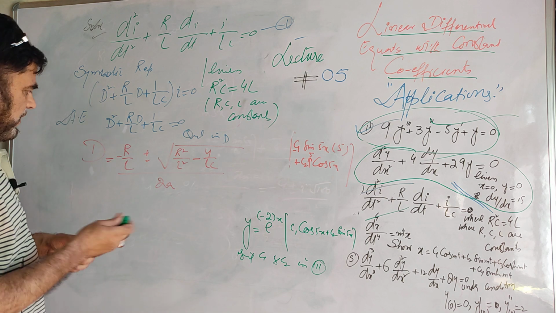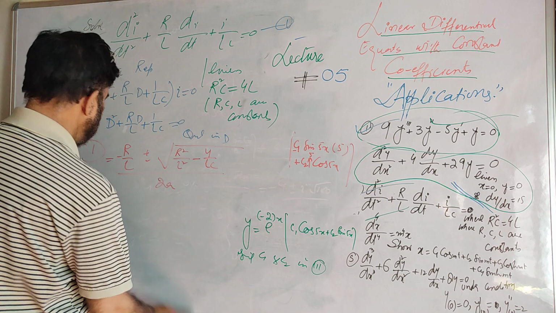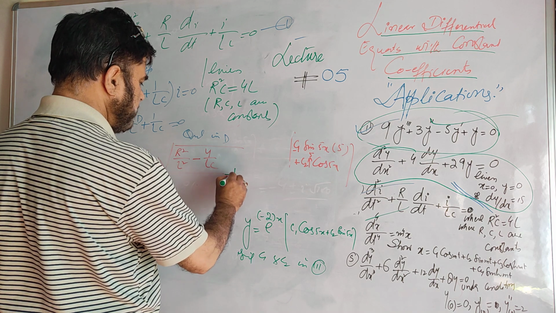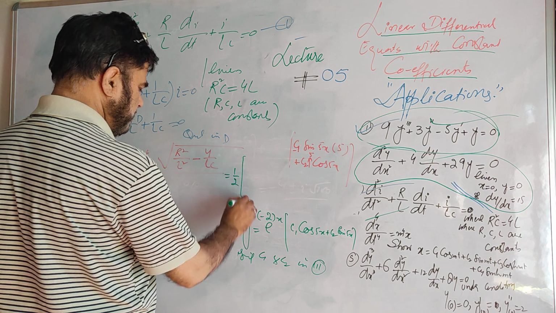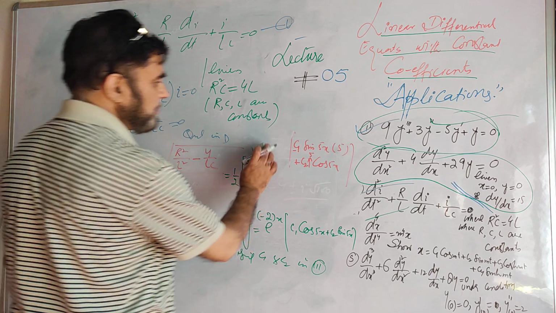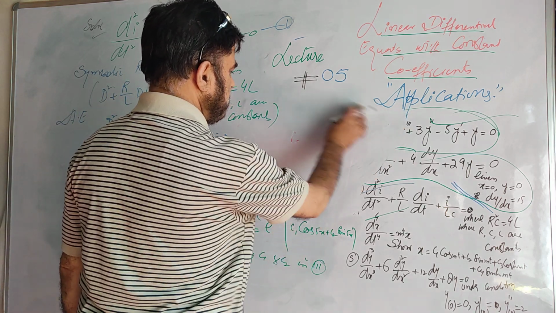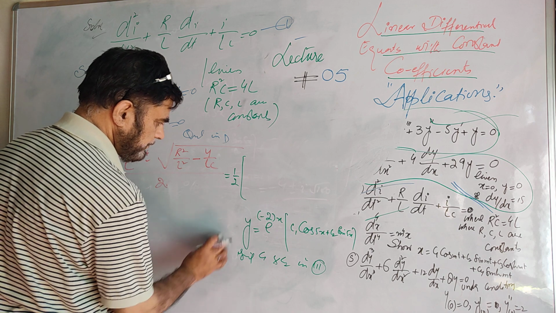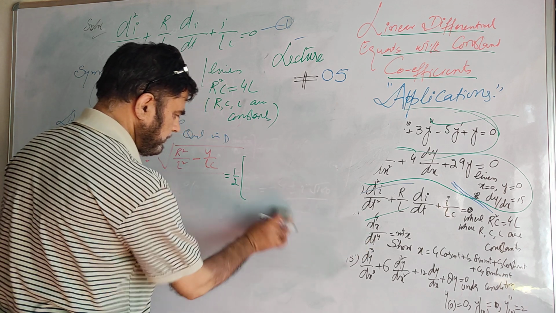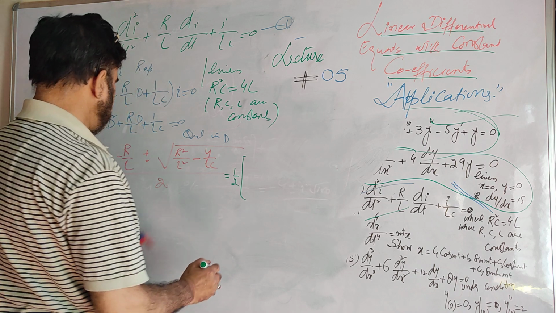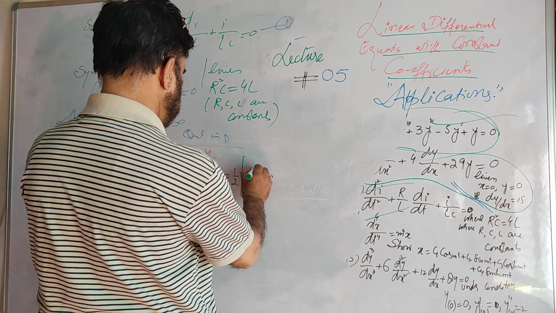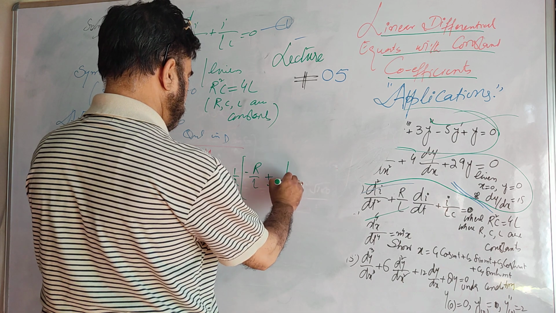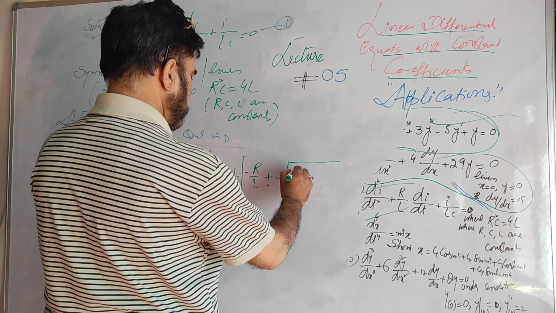This I can write now. 2a is 1, a is 1, sorry. So this is 1 by 2 minus r by l plus minus under root of r square.